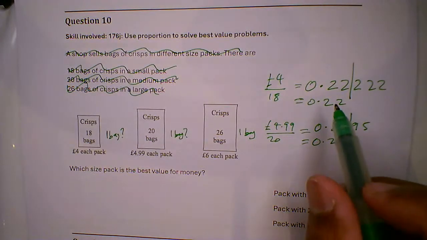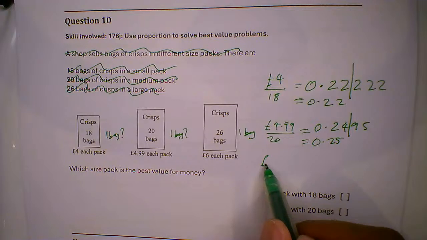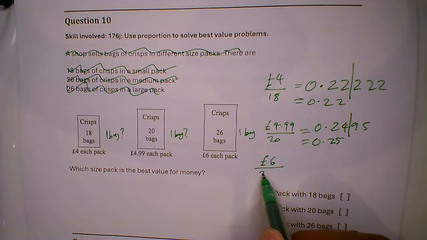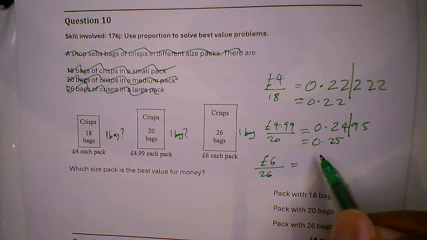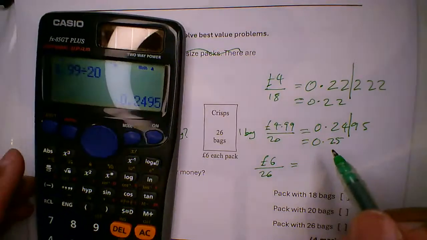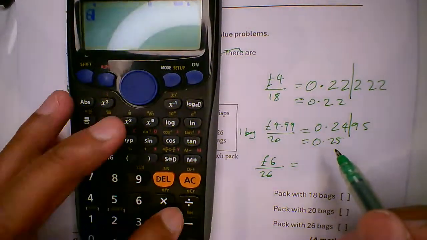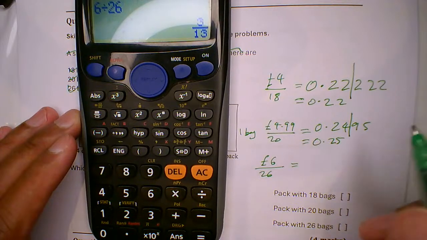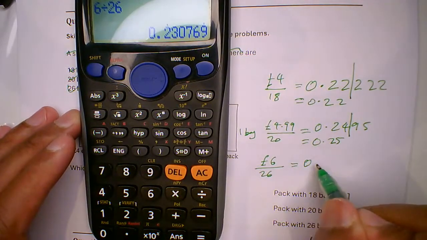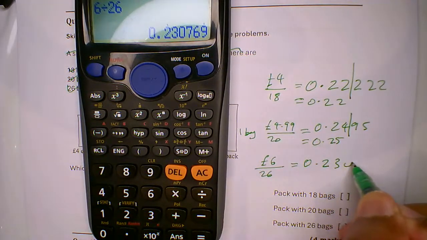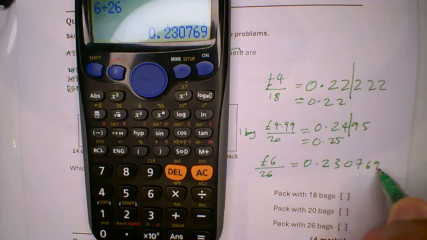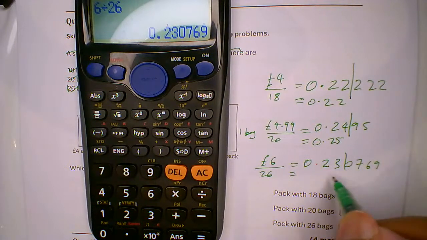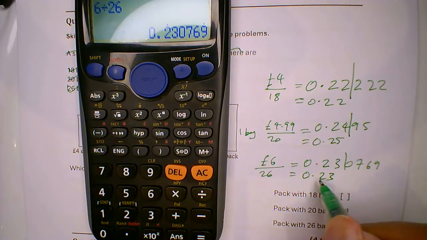The next one is £6 divided by 26. That gives us 0.230769, which becomes 0.23.